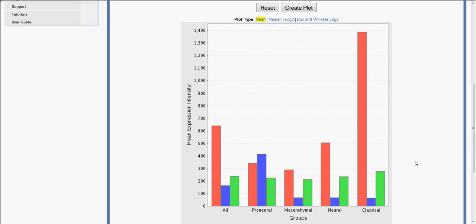So this information, as I mentioned before, can lead to the discovery of potential novel therapeutic targets related to particular clinical annotation parameters, and it can also lead to potential diagnostic markers.